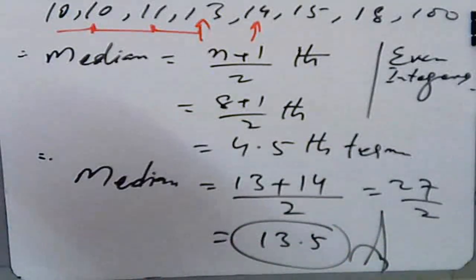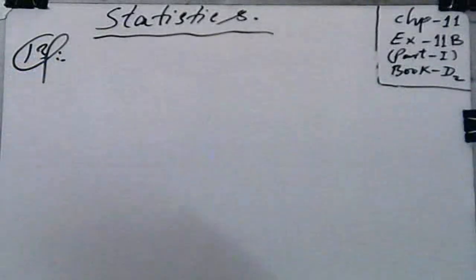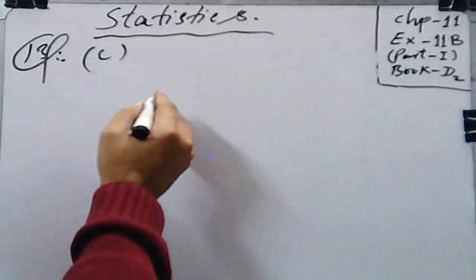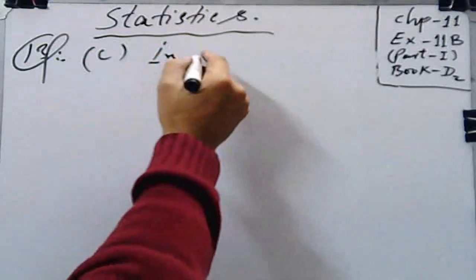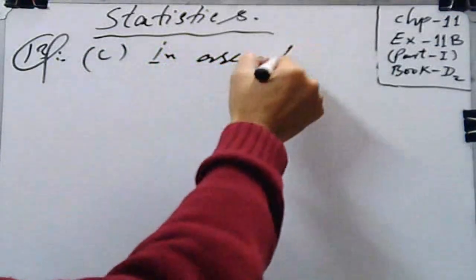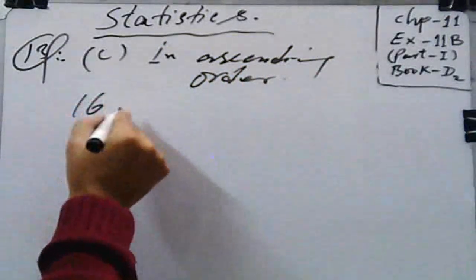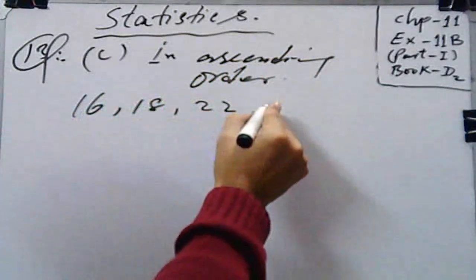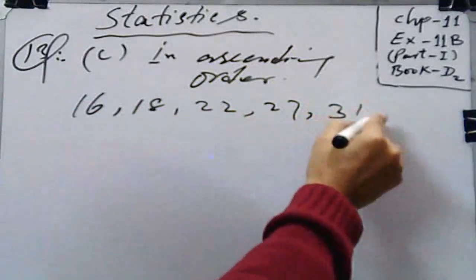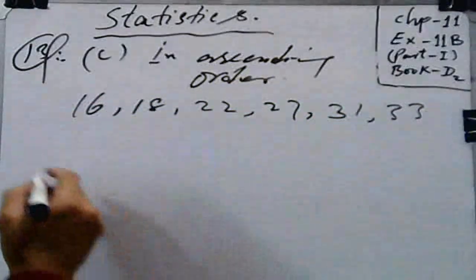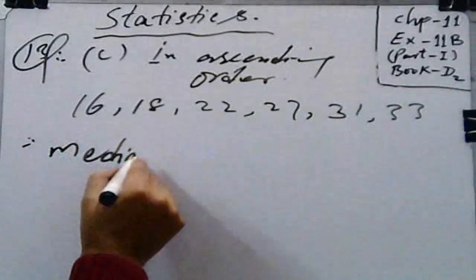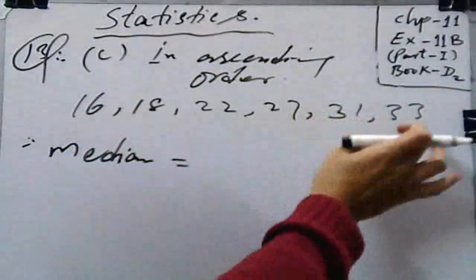Similarly, in the C part, question number 13, having C part. In the C part, again in ascending order, you have to write the given data in ascending order, that is 16, 18, 22, 27, 31, 33, and therefore the median is, count it: 1, 2, 3, 4, 5, 6.